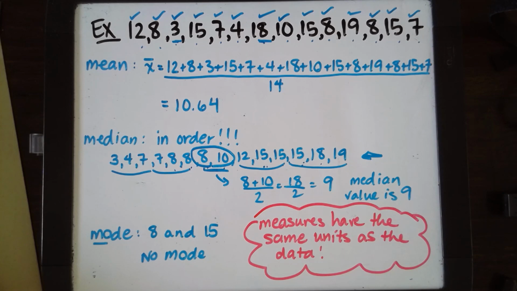But you'll see in the next question in the notes that there's definitely some units in the question, and you'll need to make sure you have the units in your answer. Okay, and then what we would do is we would use these measures to help us make some decisions.